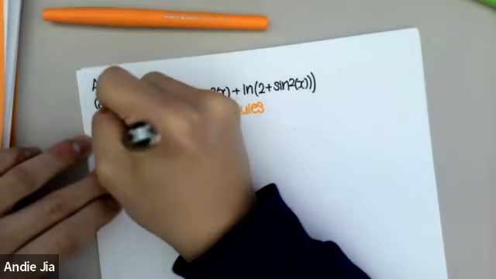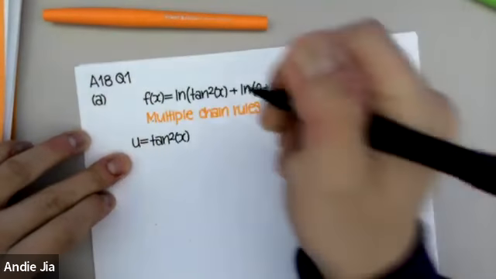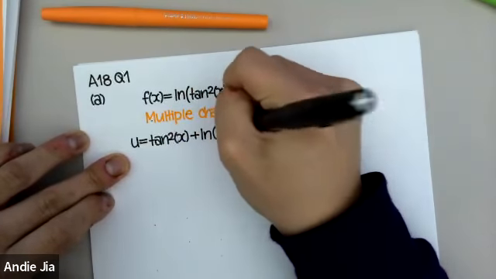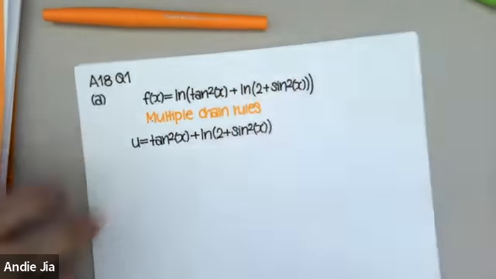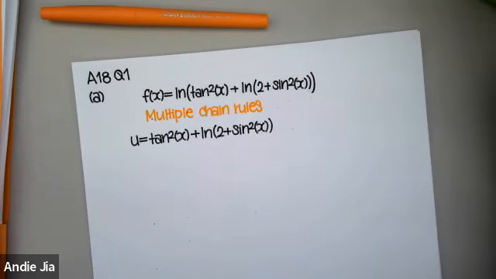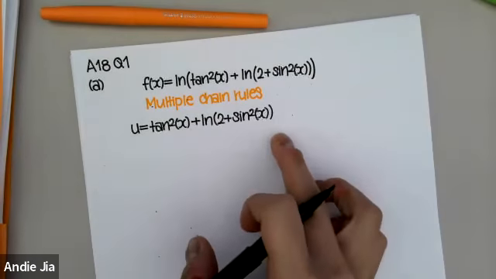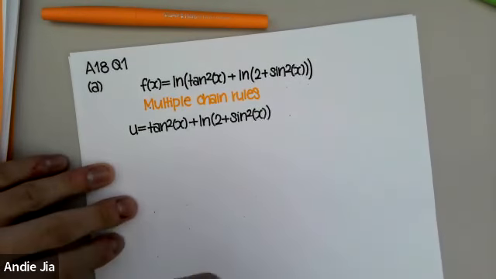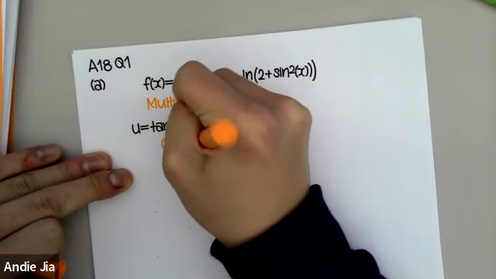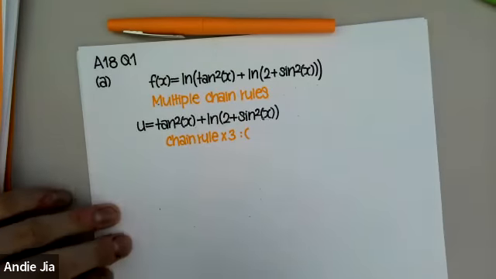So u equals 2 and the square root of x plus the natural log of 2 plus sine squared of x and the square root of x. Its derivative. It's the chain rule, chain rule, chain rule, chain rule. Oh god. Oh, geez.